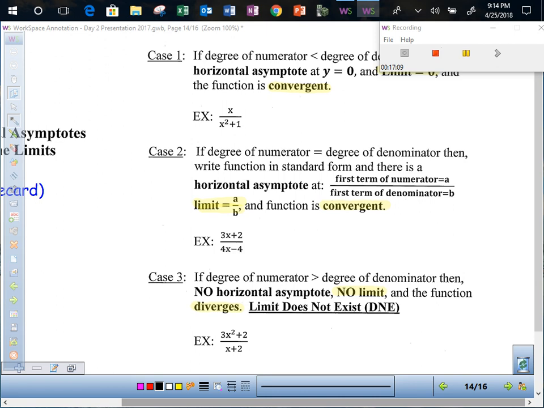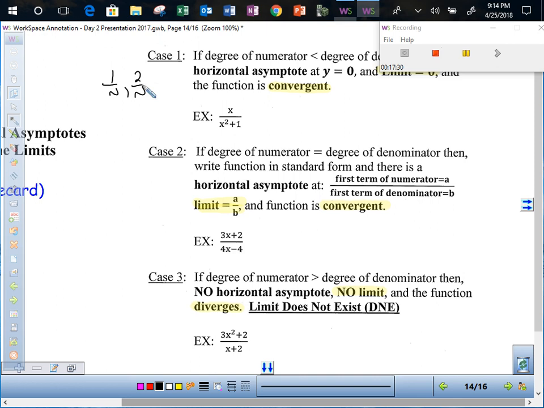On the top one here it says this: if the degree of the numerator is less than the degree of the denominator. We've already done a couple of those, like 1 over n, 2 over n. Whenever the degree of the numerator is less than the degree of the denominator, your limit will always be 0.